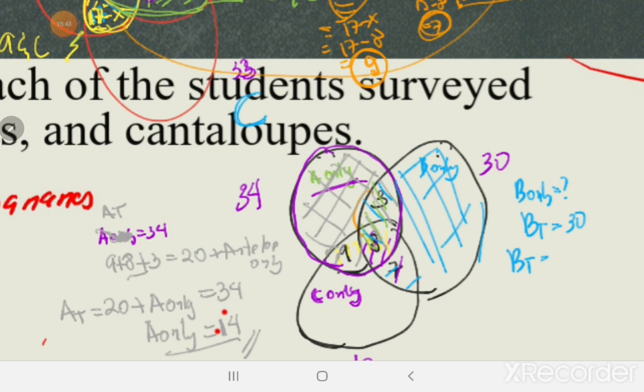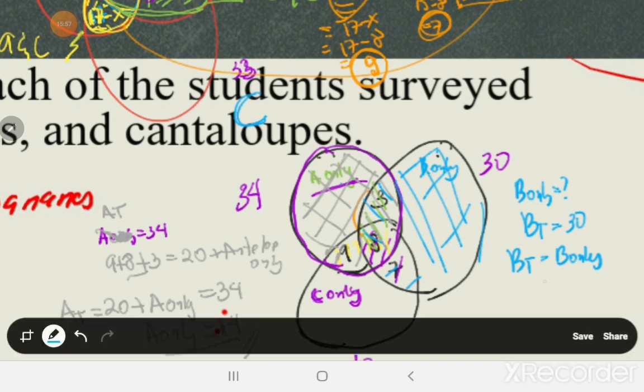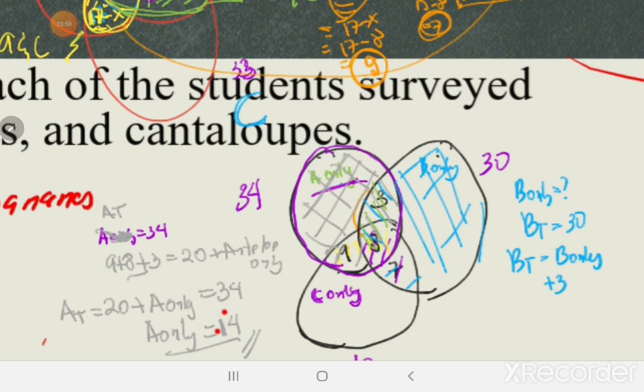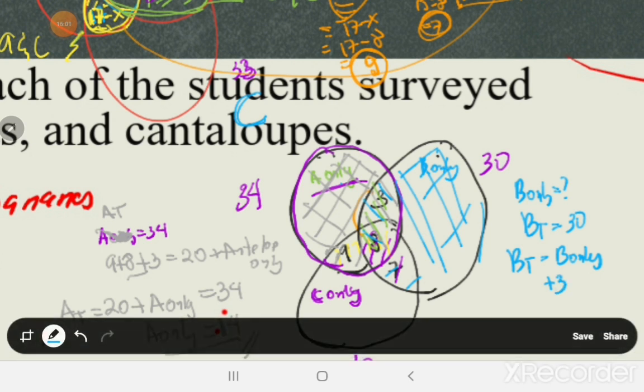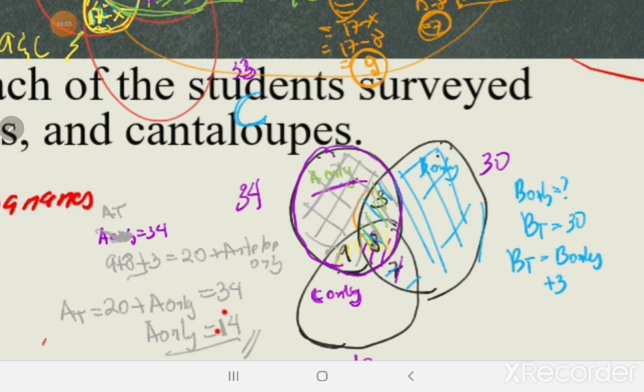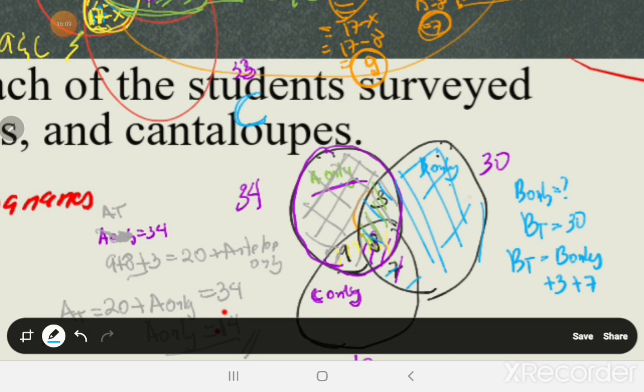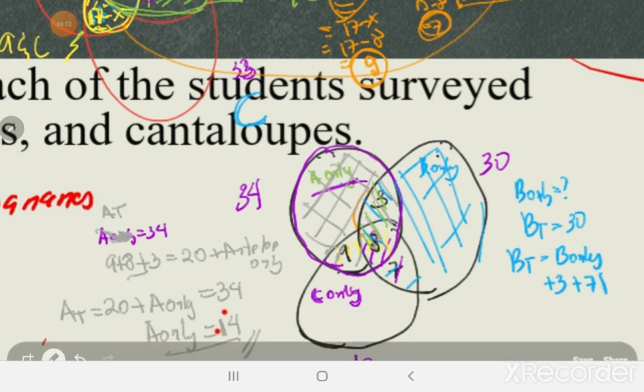Wherein I have my B only plus the intersection of your A and B, or your 3, plus the intersection of your cantaloupe and banana, we have plus 7, plus the intersection of all who like antelope, banana, and cantaloupe, plus 8.